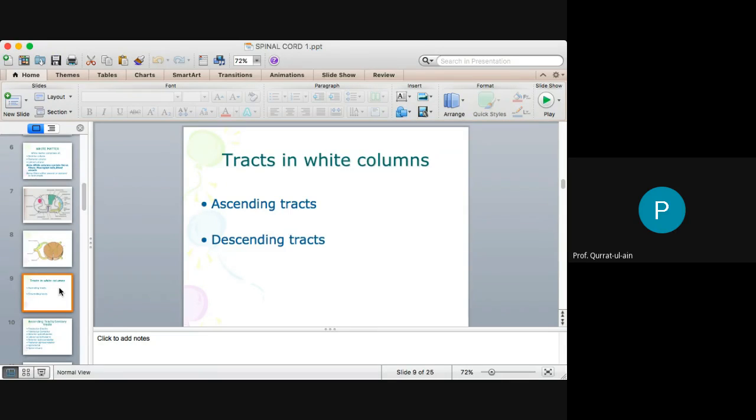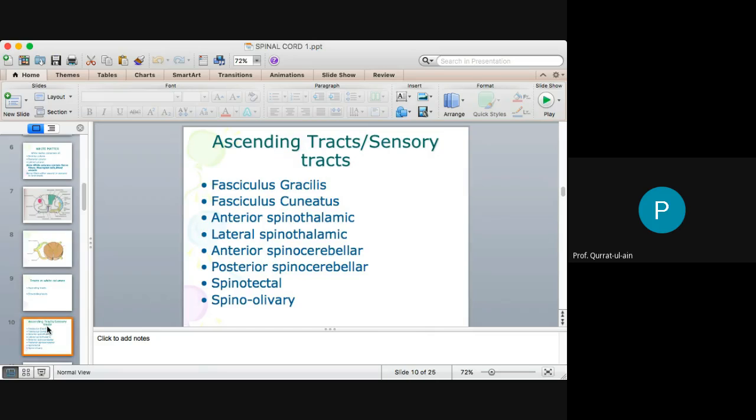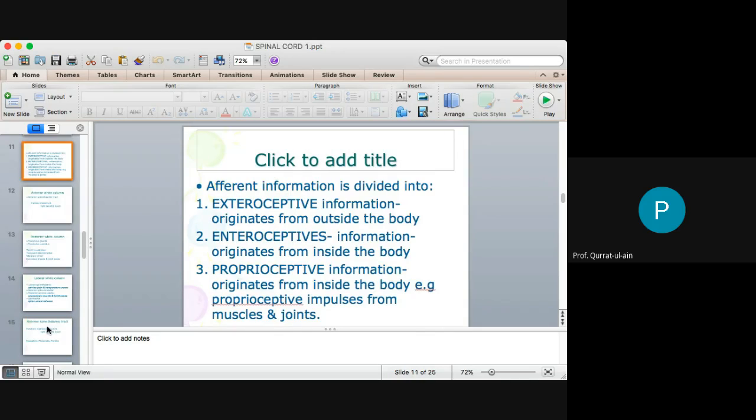So the ascending tracts we have already enlisted, and this is the list of the ascending tracts. And the receptors, Dr. Shakila has taken the detailed class on the receptors. They are receptors on the outside of the body. From the outside, they are known as the exteroceptive, and from inside of the body, the interoceptive receptors, and the proprioceptive impulses, which are the impulses from the muscle and joint.